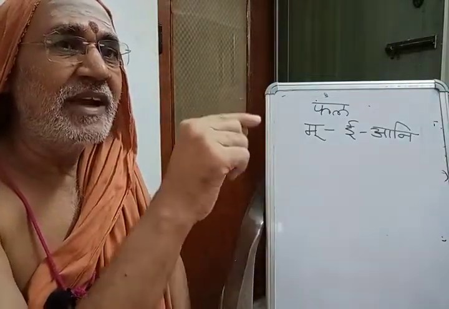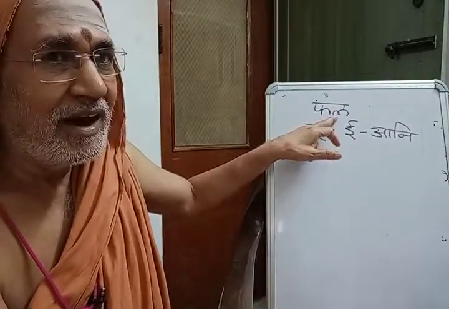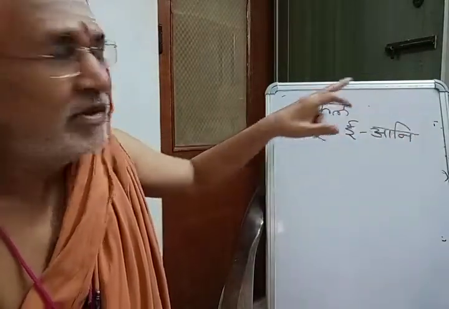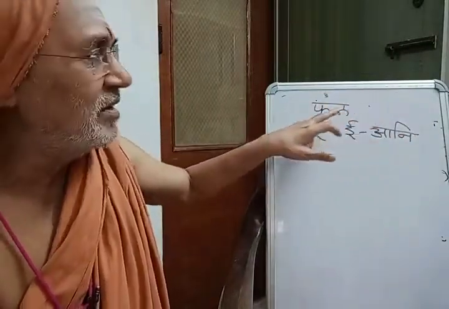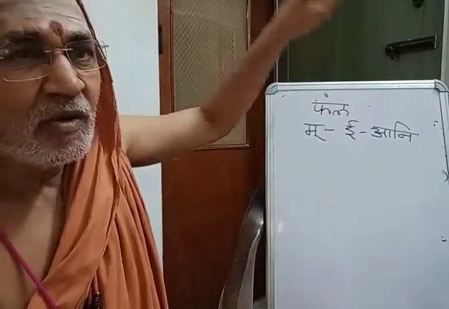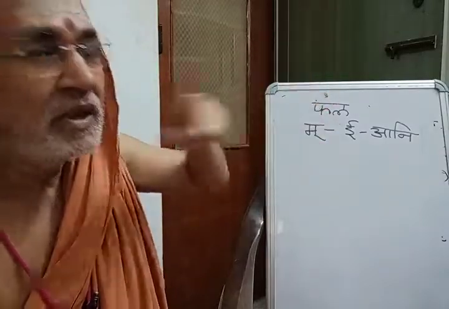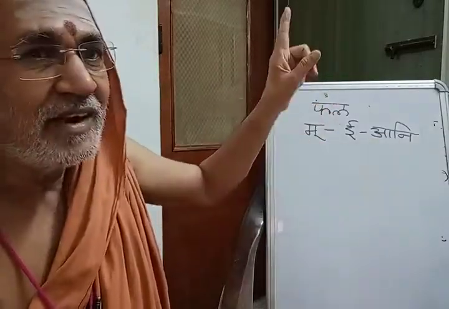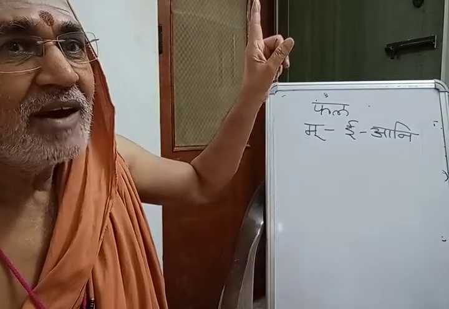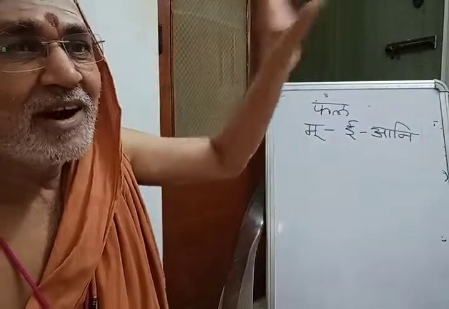Akaranta means a word ending in a, but in masculine. Here it is a word ending in a but neuter. So akaranta napunsakalinga is phala; akaranta punlinga is rama, nrupa, balaka, etc. For that akaranta punlinga, the pratyayas added were sa, au, as.